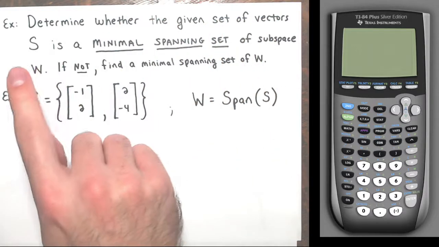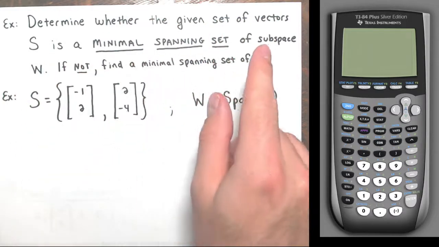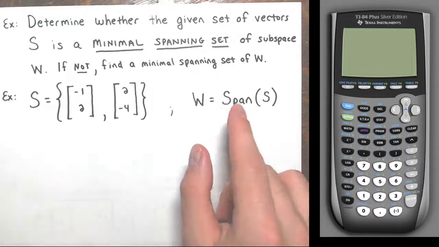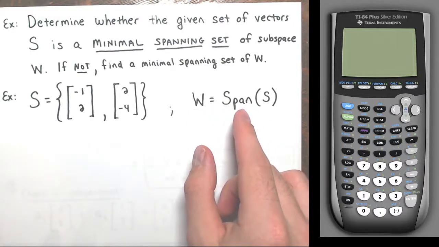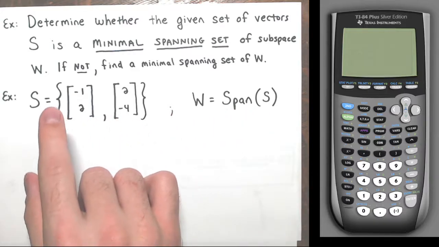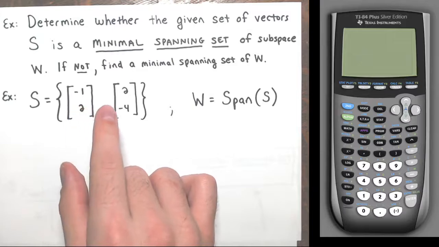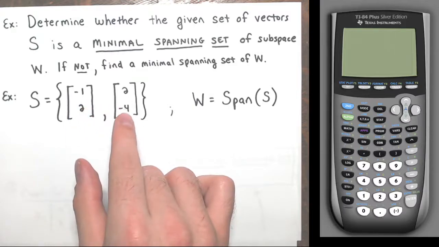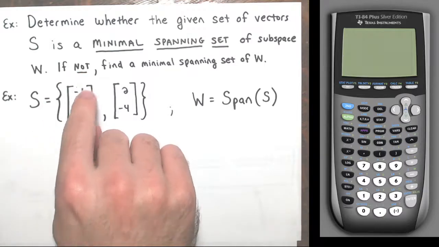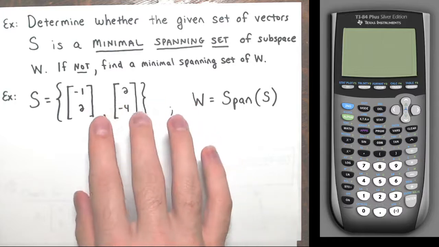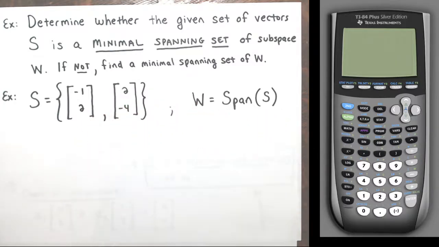Determine whether the given set of vectors S is a minimal spanning set of the subspace W, which in all these examples is just going to be the span of S. So the set of all linear combinations of these two: some scalar times this first vector plus some scalar times the second vector will be in W here, in the span of S. And if S is not the smallest spanning set of the span of S, then find a set that is.